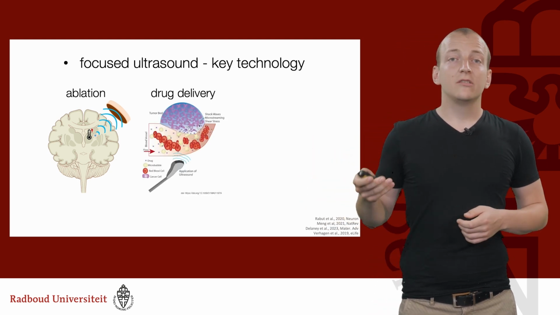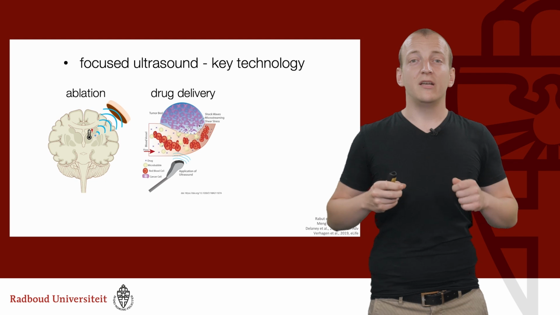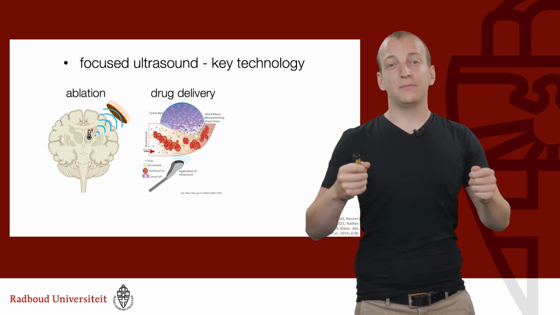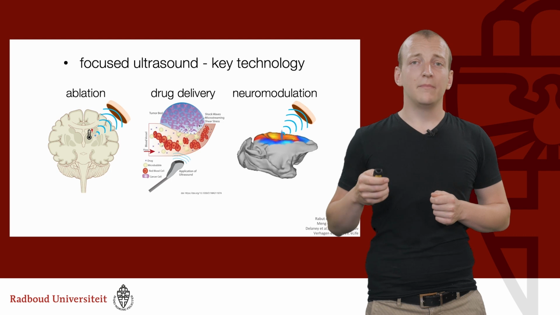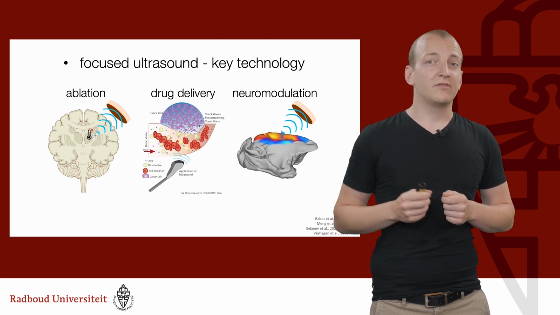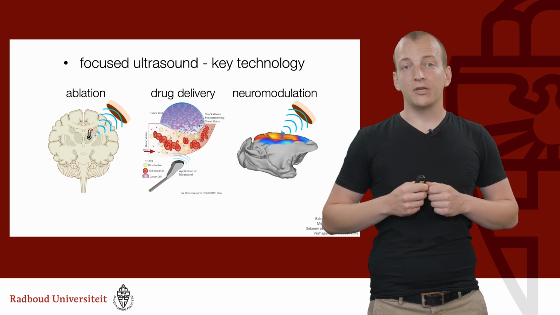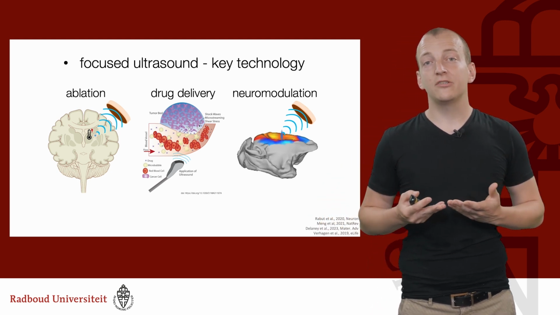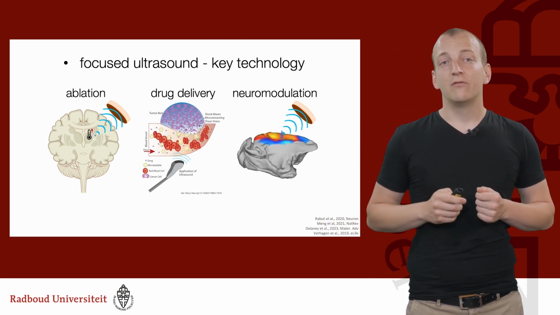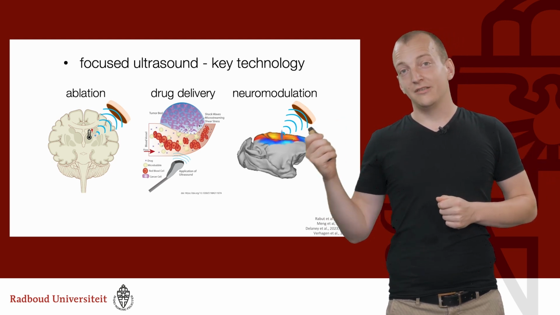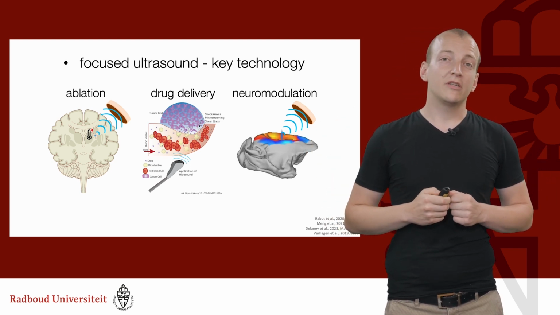So other applications include drug delivery, so we can deliver drugs inside of the brain by opening the blood-brain barrier at a very specific location. And what we are most interested in is the application for neuromodulation. So we're not delivering that much energy for tissue ablation, but we actually give short, repetitive pushes against the neurons. So what you've seen just now were continuous applications.